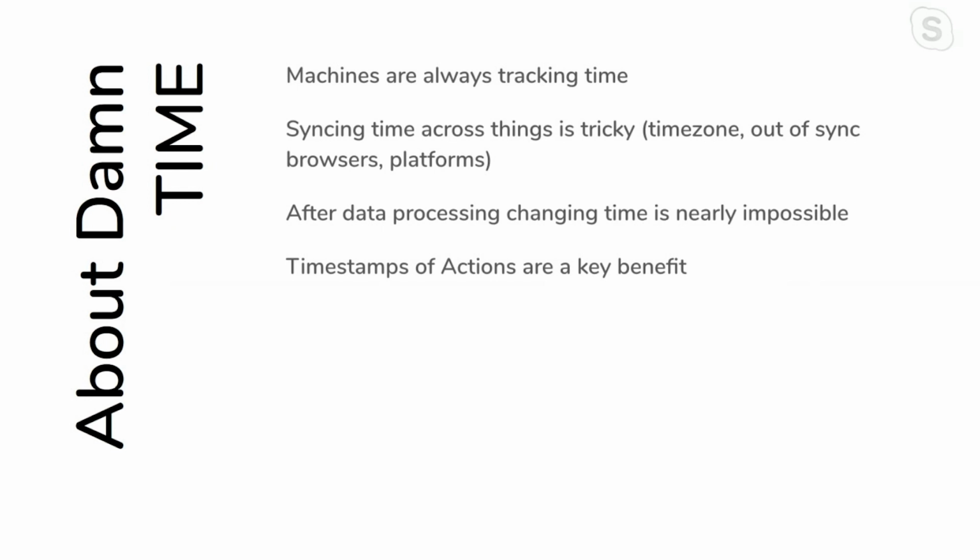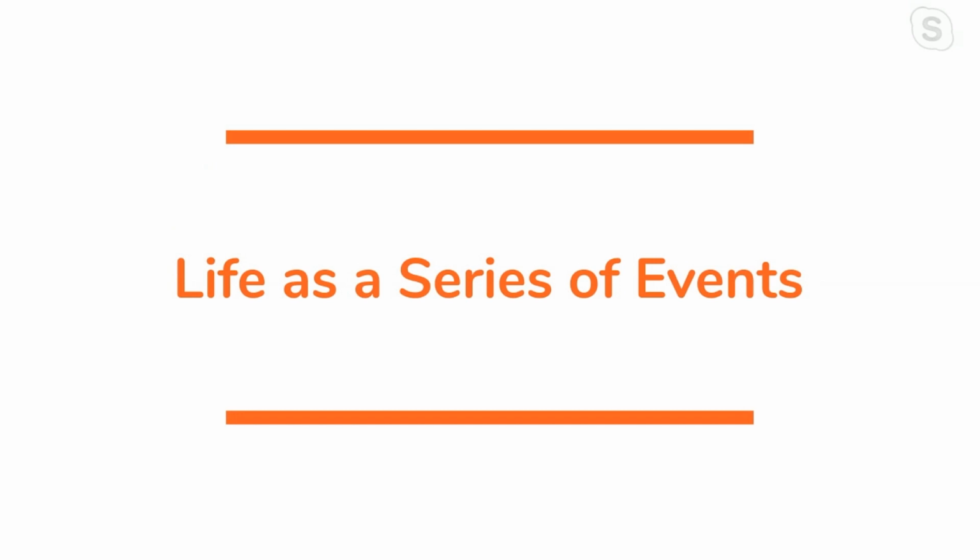So if any of you has ever lost e-commerce transactions and wanted to push them back to the right date, it's impossible to reprocess it for a given time because the data has already been processed.